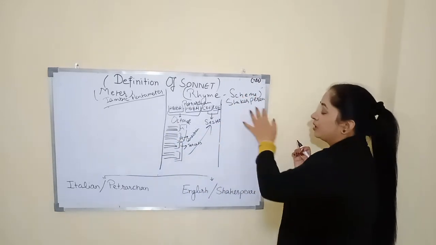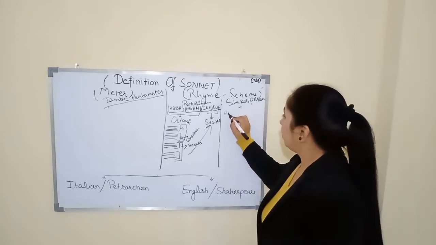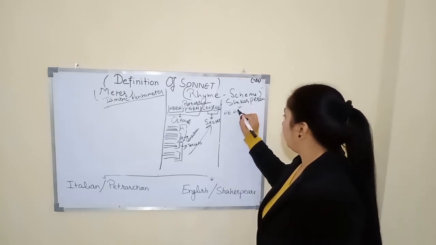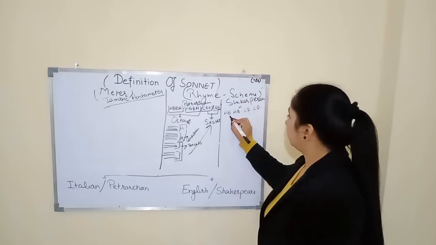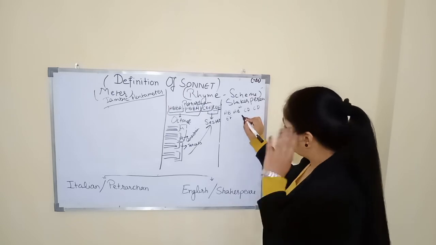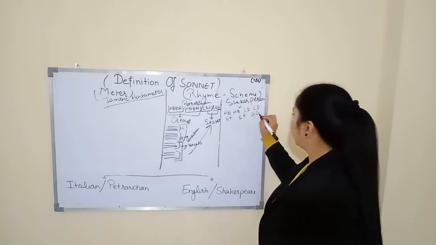Talking about the Shakespearean sonnet, the rhyme scheme is A, B, C, D, C, D, E, F, G, G. Right.